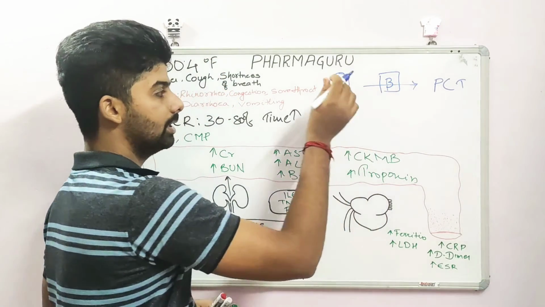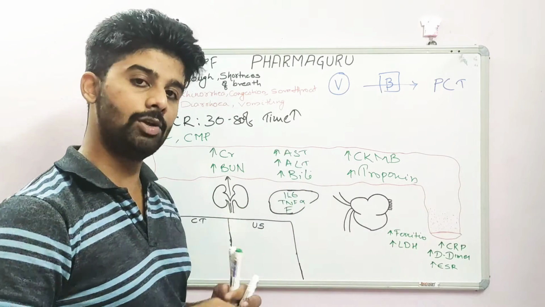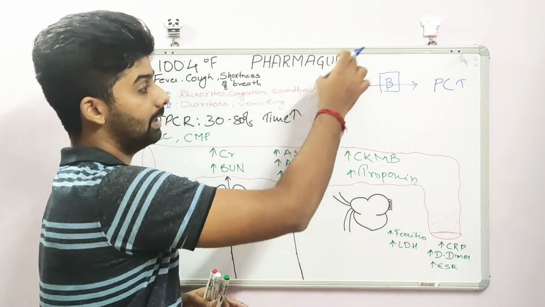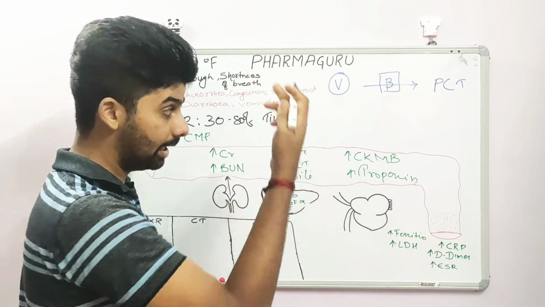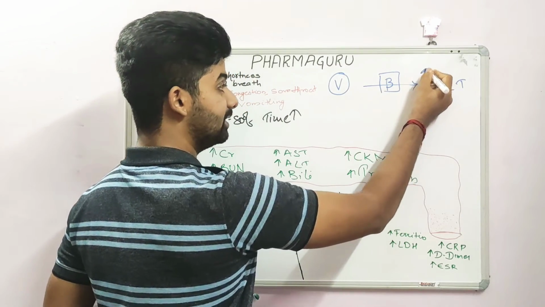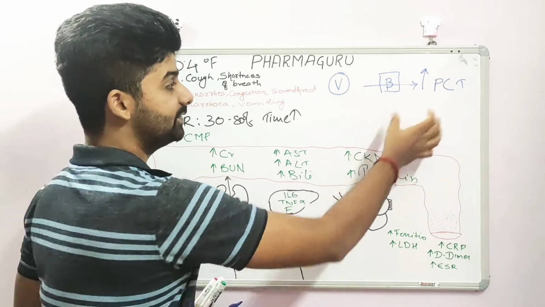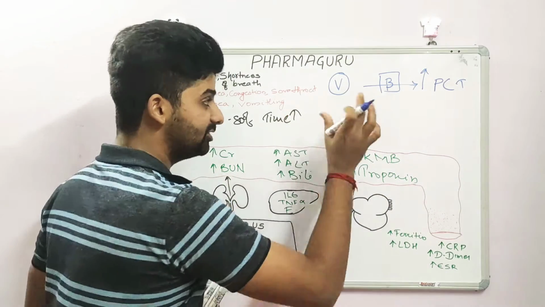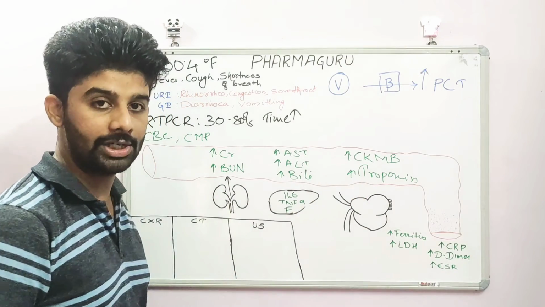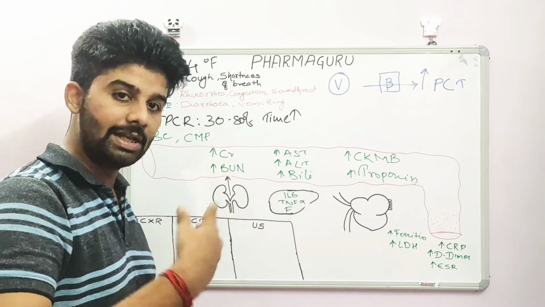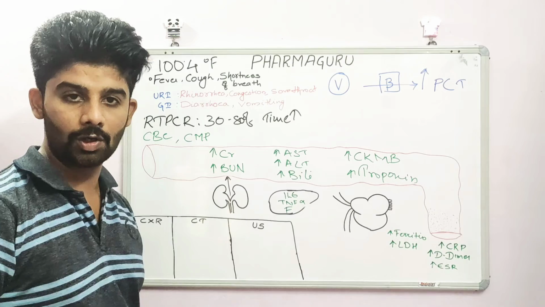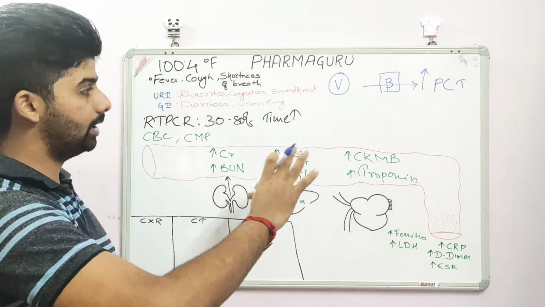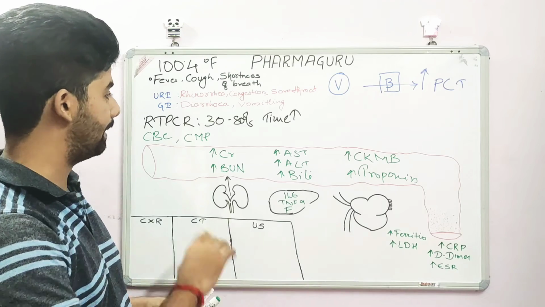The COVID-19 patient will have normal procalcitonin levels, but if he develops a super infection due to a bacteria, there will be elevated procalcitonin levels. So procalcitonin levels are elevated only if there is a bacterial infection. That's why procalcitonin should be monitored in order to rule out a super infection or not. Now, we have done all the laboratory investigation parameters.